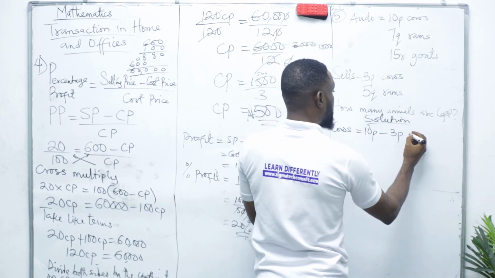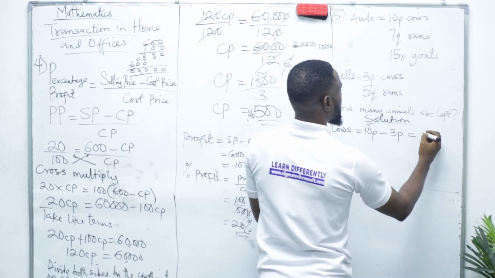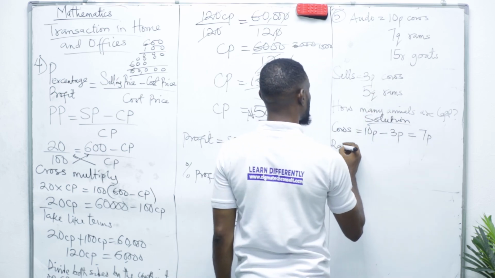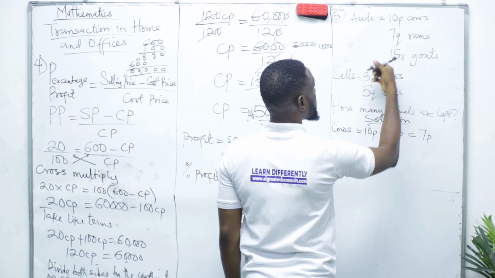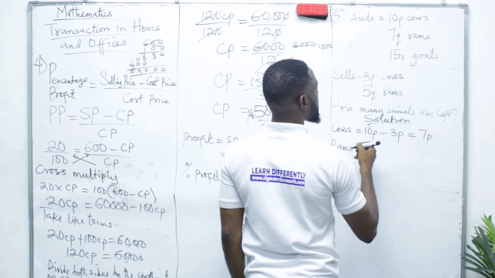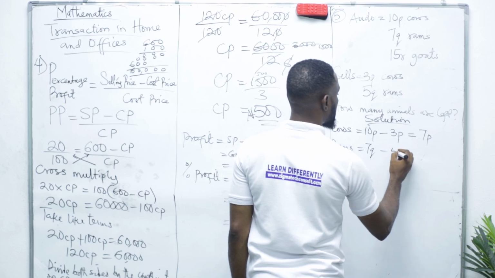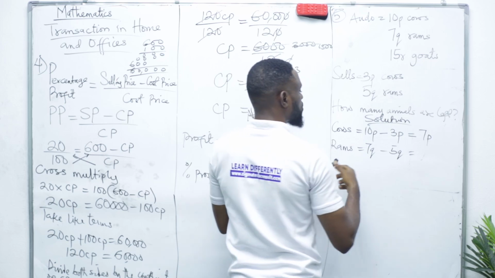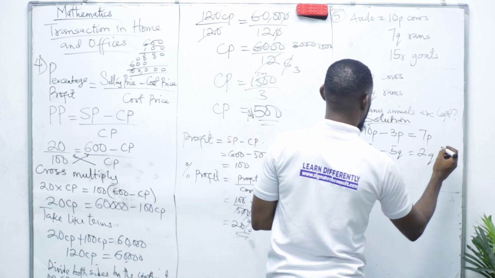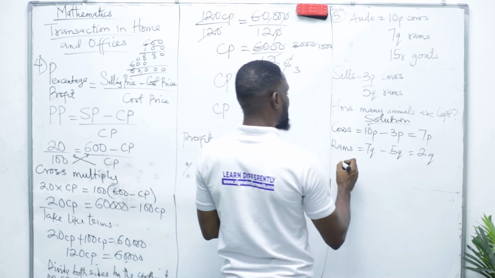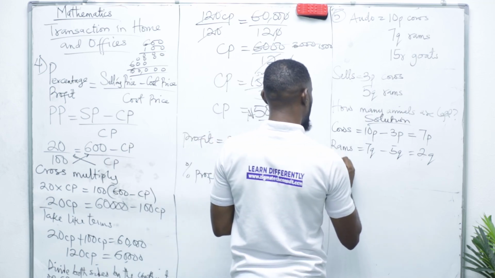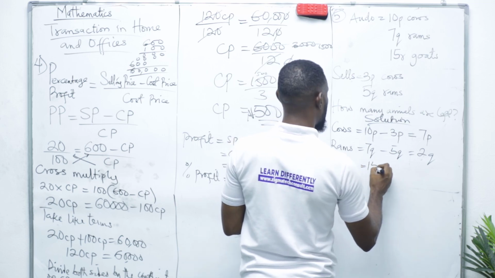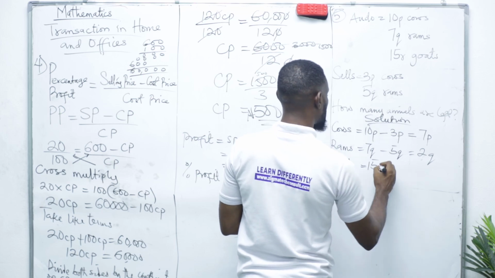That is for cows, meaning what is left is 7p cows. Then for rams, he had first of all 7q rams. Then he sold 5q, that is subtraction, so the remaining will be 2q rams. The next thing he has is goats, and for goats, he didn't sell any, 15r goats.